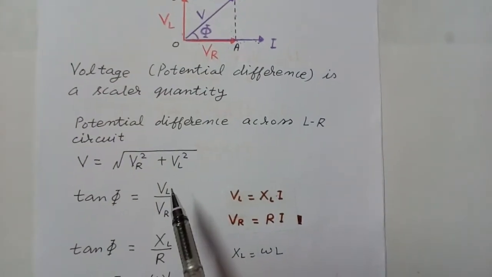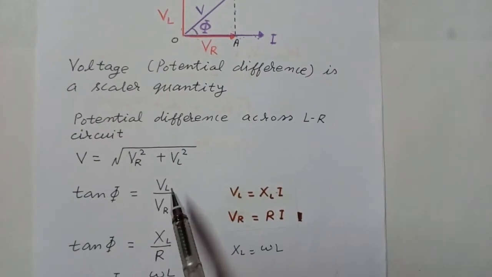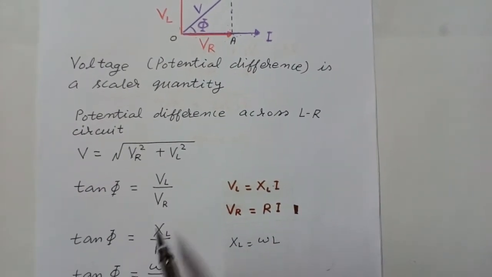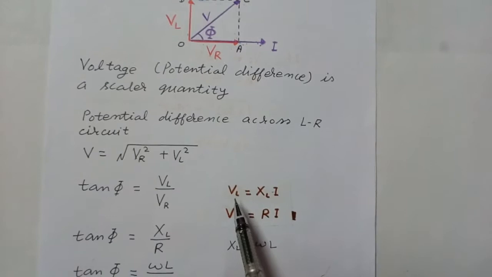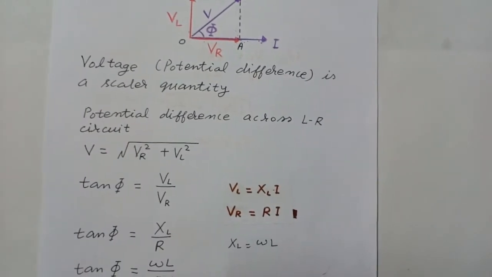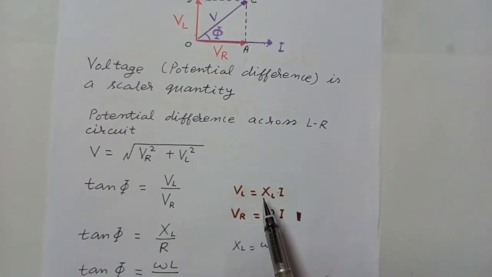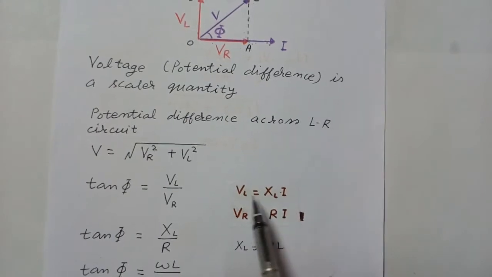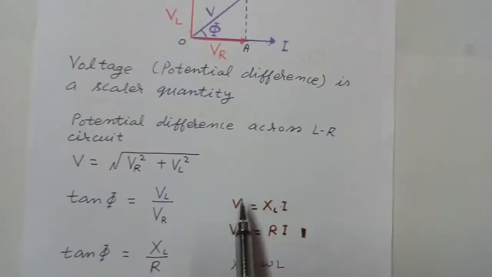Now if we divide VL and VR by current I, then we know that VL is equal to XL into I, where XL is inductive reactance. So inductive reactance multiplied by current gives voltage across this inductor.